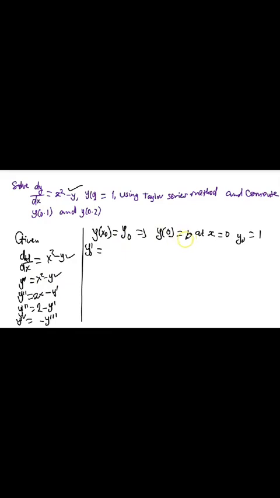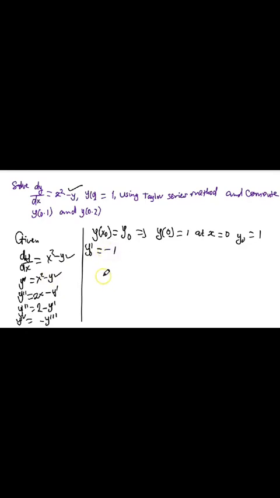So in this case, when you see x, you put 0, because at x equals 0, y naught is equal to 1. So this means we have 0 squared minus 1, so that this is negative. So y naught prime is simply going to give us negative 1.